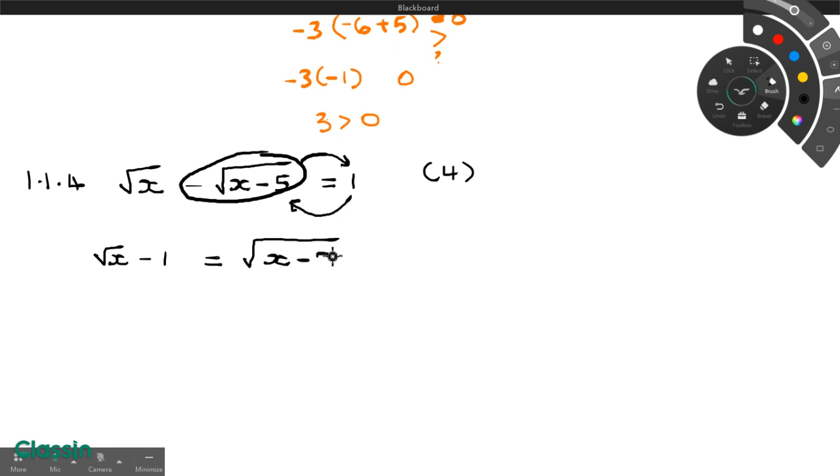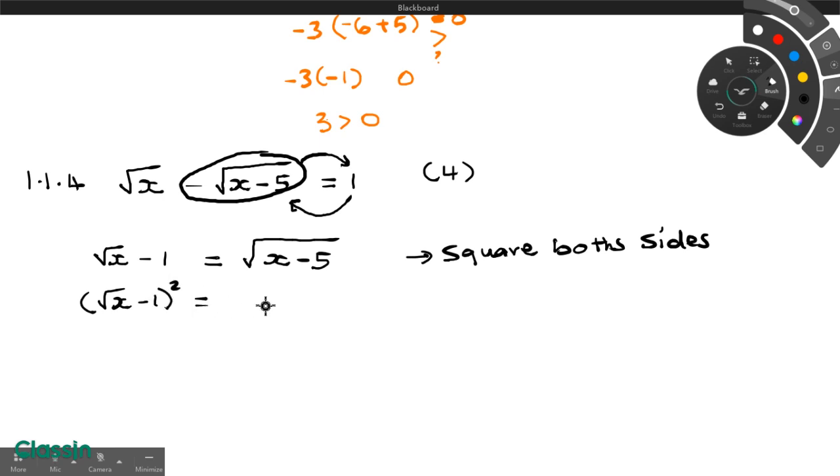x minus 5. Now, once we have this, we say square both sides. You're going to square both sides, meaning that you will have root of x minus 1, all squared, equals x minus 5, all squared.